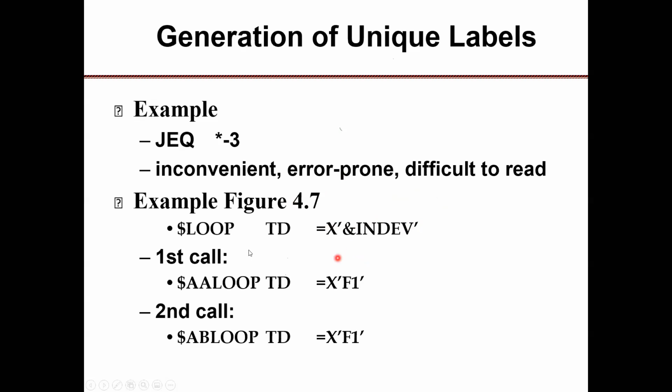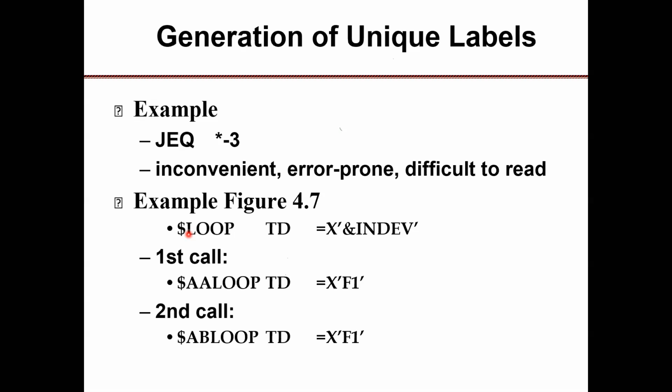Okay, now notice here that by using the $ sign in the symbol name where we're defining this macro, we're telling the macro processor, hey, we want you to create a unique label for that symbol every time we invoke the macro, right?